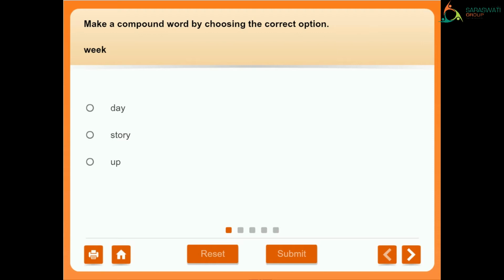So, one word is given here in the question, that is week. W-E-E-K, week. Now let us find out which word we can join here and make a new word. Let us go through all the three words first. Day, story, up.